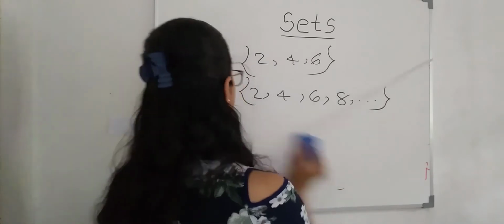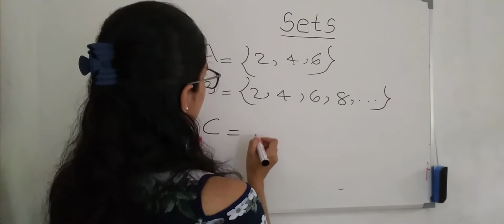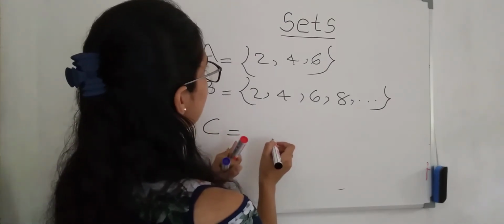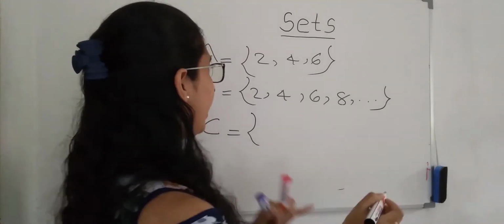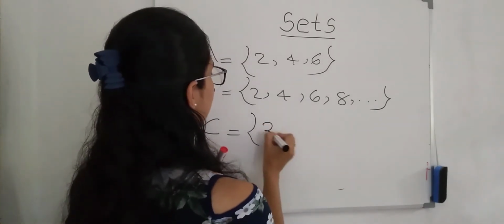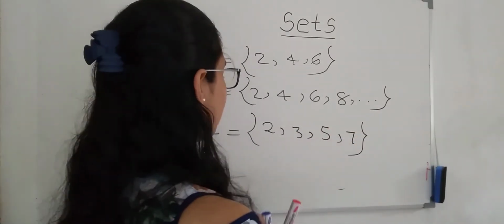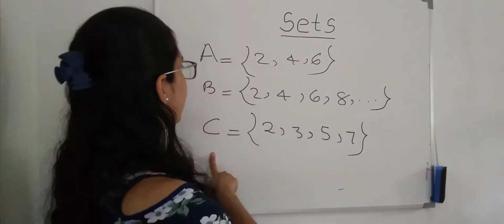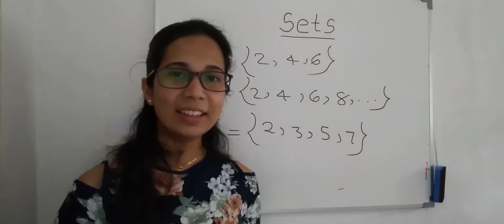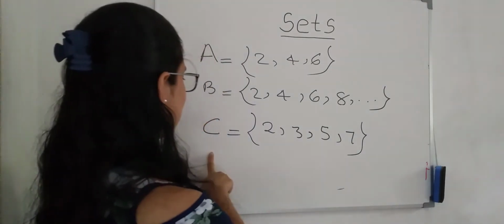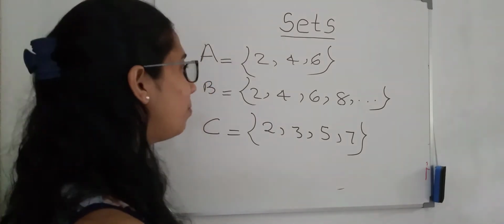Give your attention. The set C shows prime numbers between 0 and 10. So what are the prime numbers? 2, 3, 5 and 7. Now you are asked, is set C a subset of the set B? No. Why?